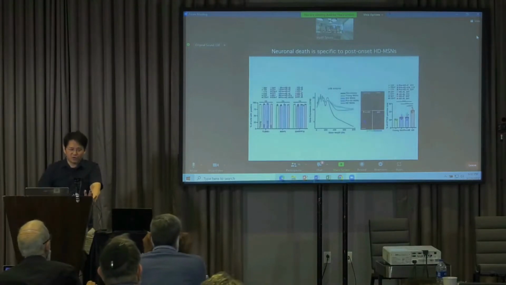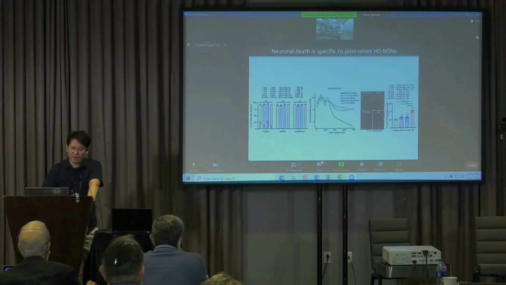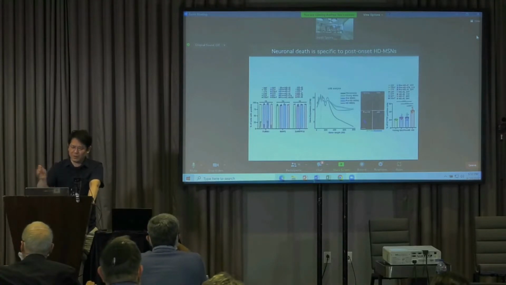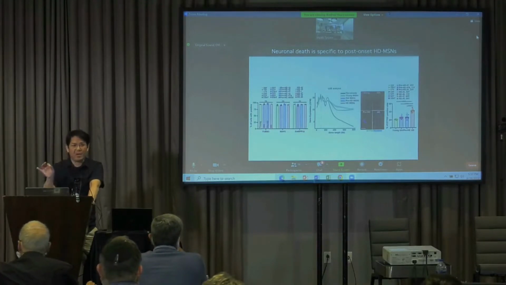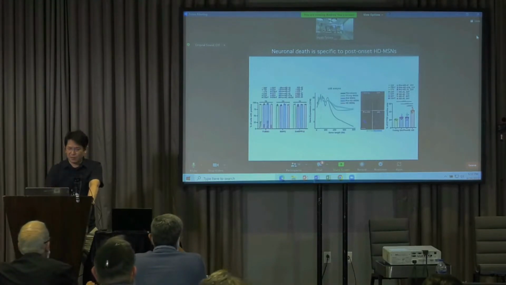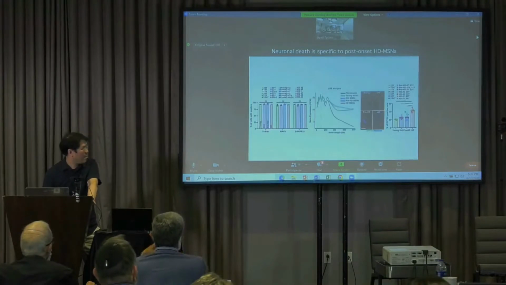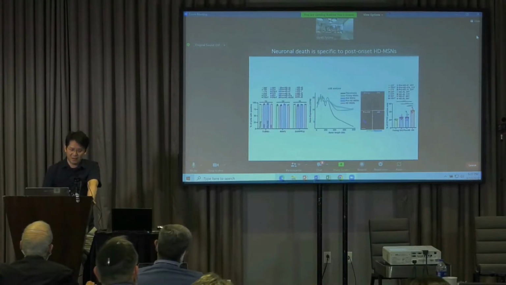One thing that was striking is that we collected fibroblast samples from healthy individuals, both young and old, and from patients before the onset of disease, and compared them to symptomatic patients' samples. Although the reprogramming is similar between different samples, we saw pronounced neurodegeneration that only happens in post-onset neurons.